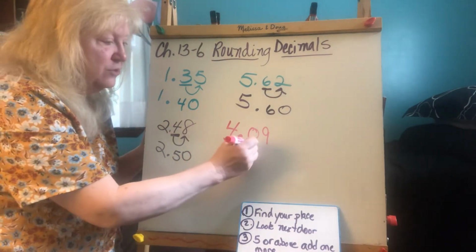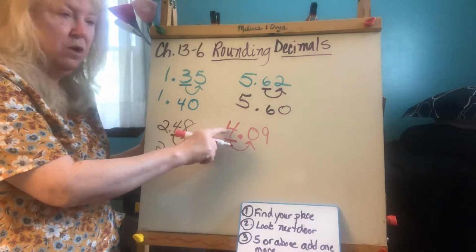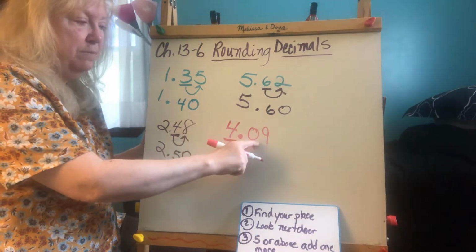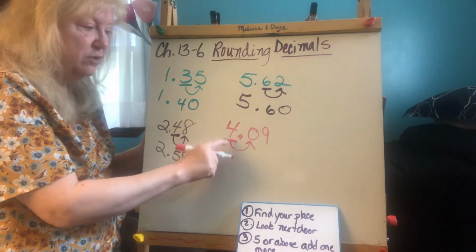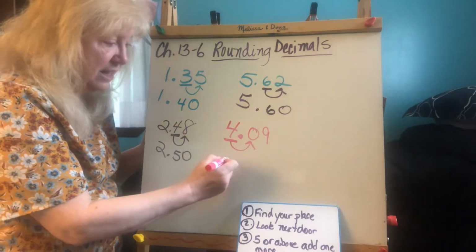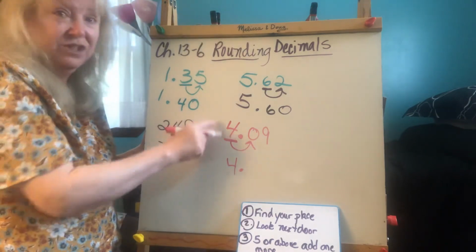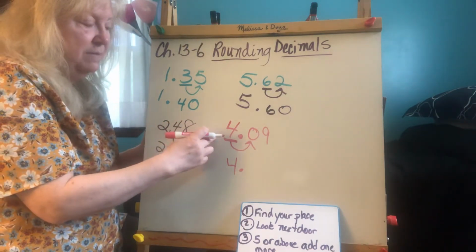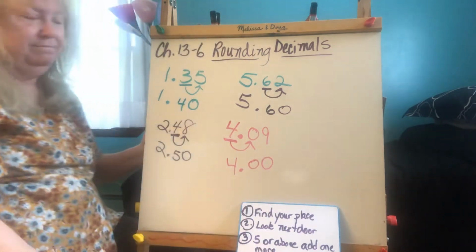Look right next door. 5 and above. Add one more. 4 and below, leave the same. So that 4 stays the same. It does not go up. Everything before, which is nothing, stays the same. Everything after zeros his name.